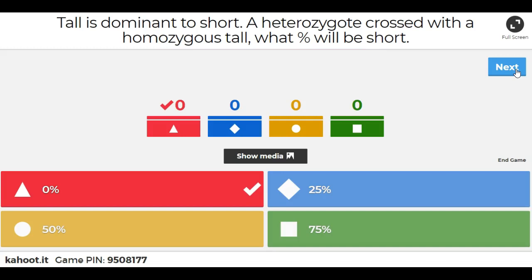So this one should have been super easy. If you have an individual that is homozygous dominant for a trait that shows complete dominance, they cannot have an individual that shows the recessive trait. So 0% of their offspring will be short.